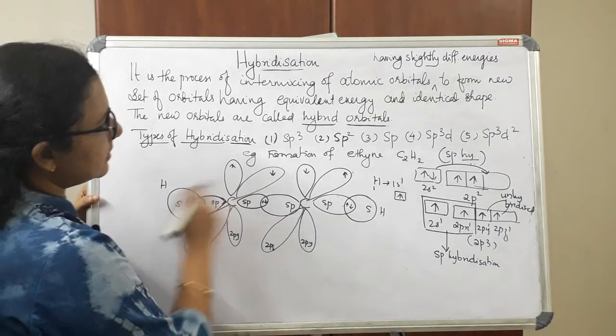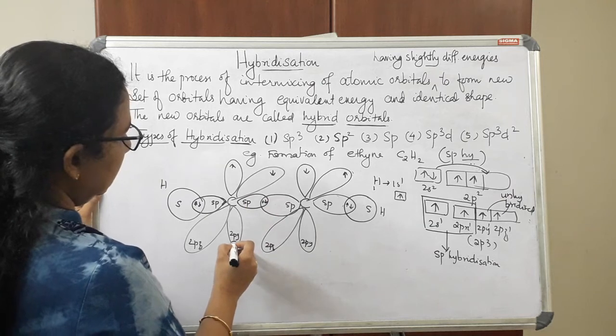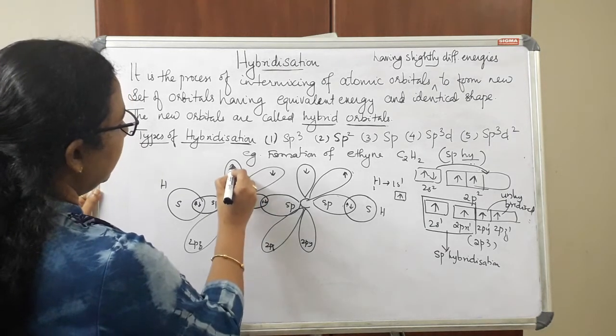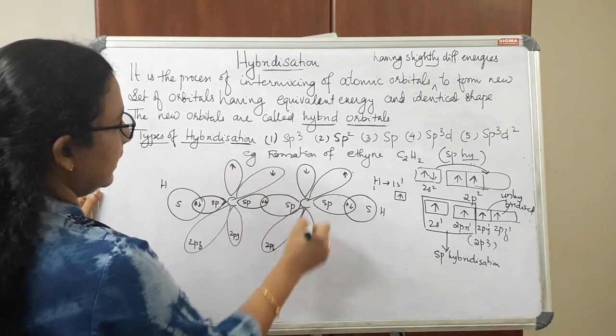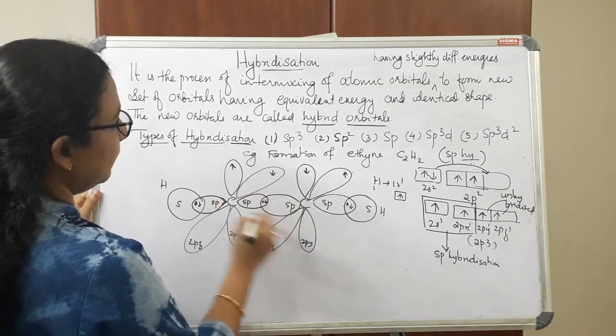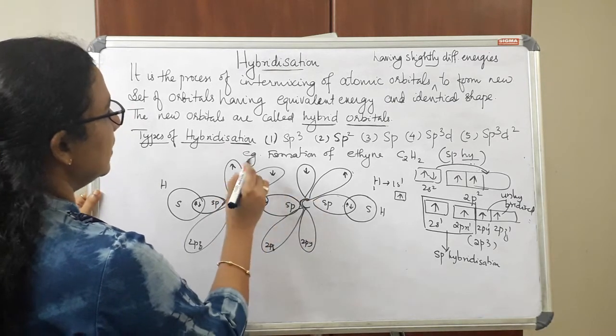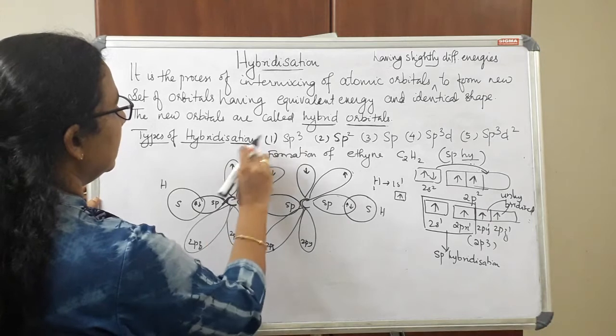So the next overlapping is the 2py. The 2py, it is having a single electron, and here also this is having a single electron. So the 2py of both carbon atoms will overlap.